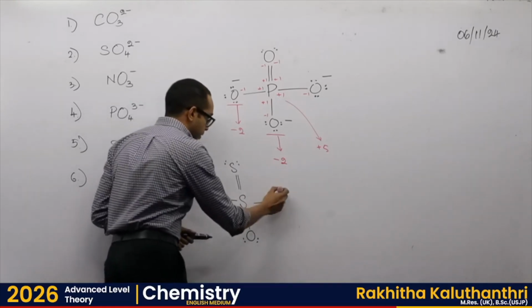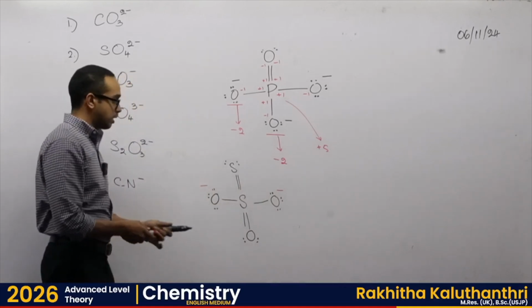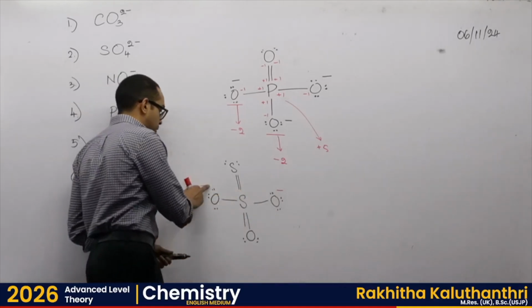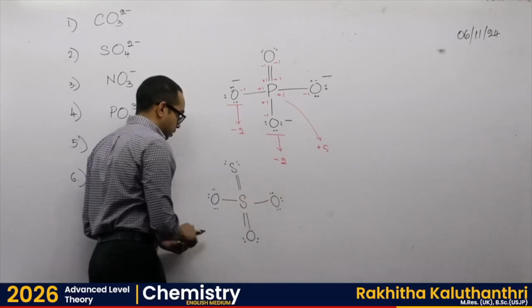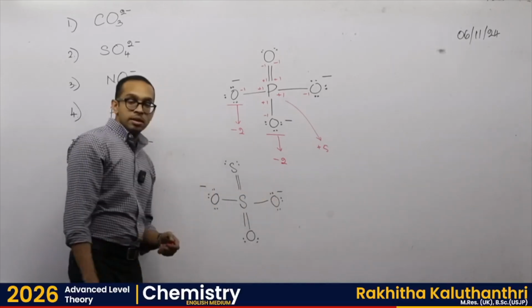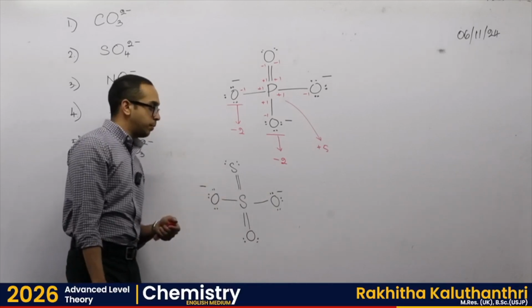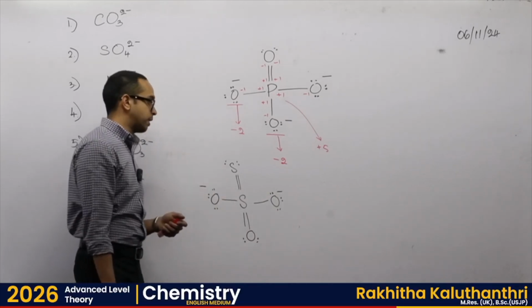Right? So these are formal charges actually. I should have drawn them in black itself so that it's identifiable as formal charges. Is that clear? So this is the main way in which you should draw thiosulfate ion.